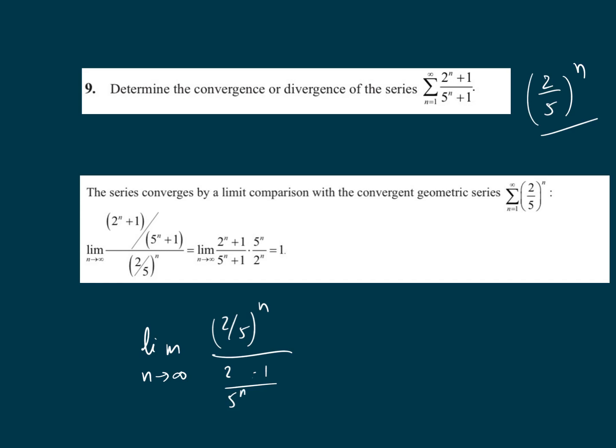If this limit is a finite number, since the other one is a convergent series because it's a geometric series, this will mean that the other series also converges, as the series in the denominator.